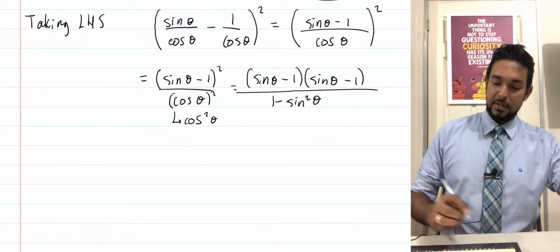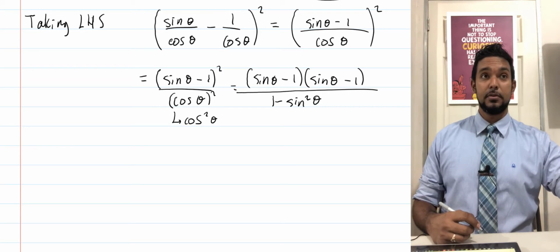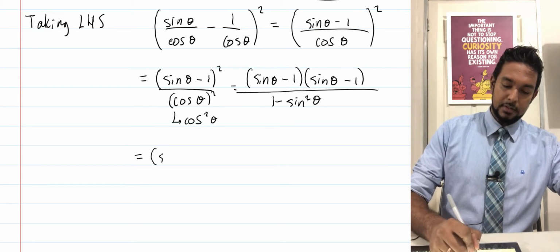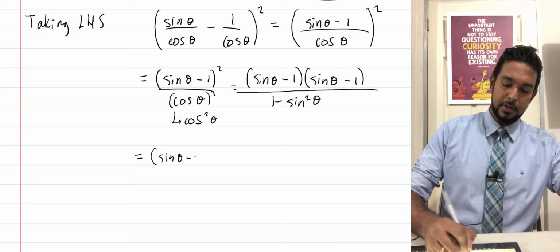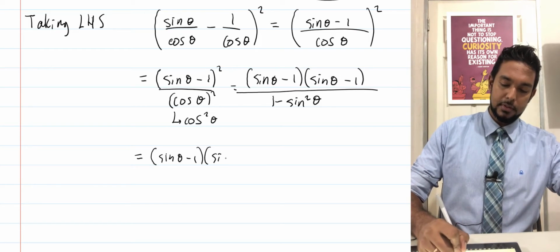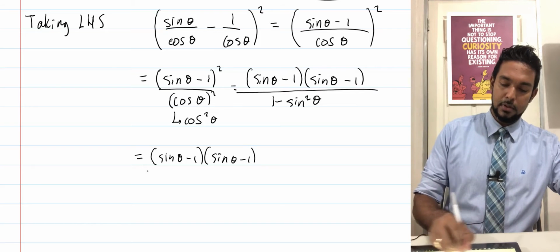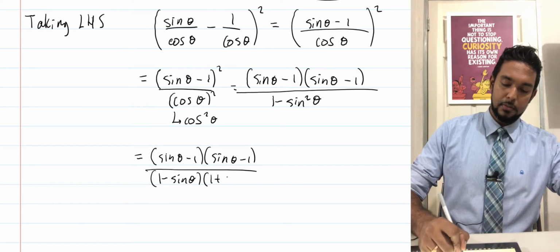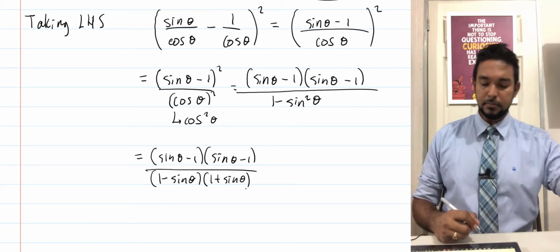And we know 1 minus sine squared theta is the difference of 2 squares, not so? Okay, so let's put back that sine theta minus 1 by sine theta minus 1. And we could have in our denominator 1 minus sine theta and 1 plus sine theta.